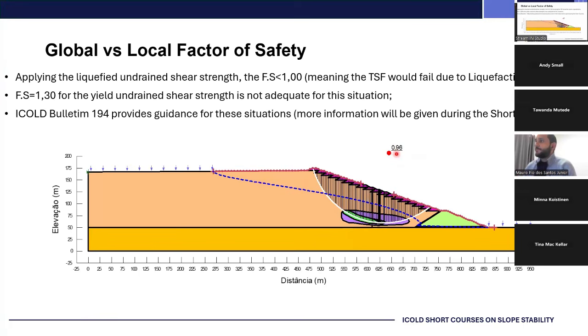And I'm not going to talk extensively about that. You're going to have classes about Bulletin 194, and there is some guidance in that document on how to handle and how to design TSFs that have contractive materials in the structural zones of the TSF.